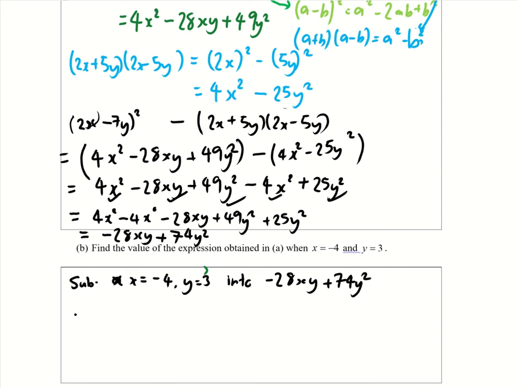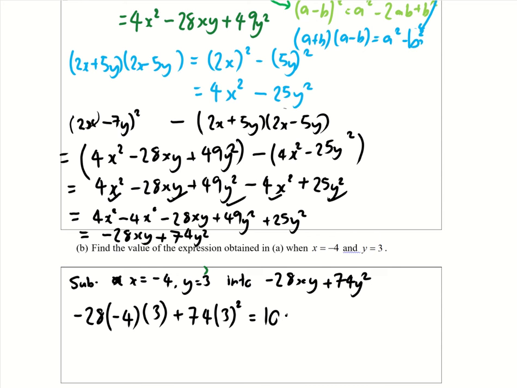So I will have -28, your x is -4, your y is 3, plus 74 bracket 3 squared. Of course you can separate your working, but since it's all numbers, you might as well just type everything into your calculator, with the brackets itself. So you will have 1002.